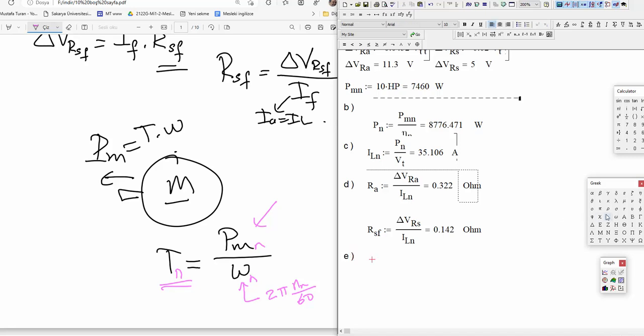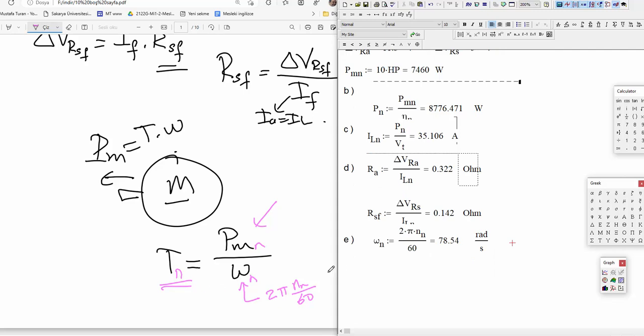Angular speed of the shaft for the rated condition is equal to 2 pi rated speed over 60, which makes this many radians per second. We have calculated it, and the nominal or rated torque is equal to the mechanical rated output power over the angular speed of the shaft.